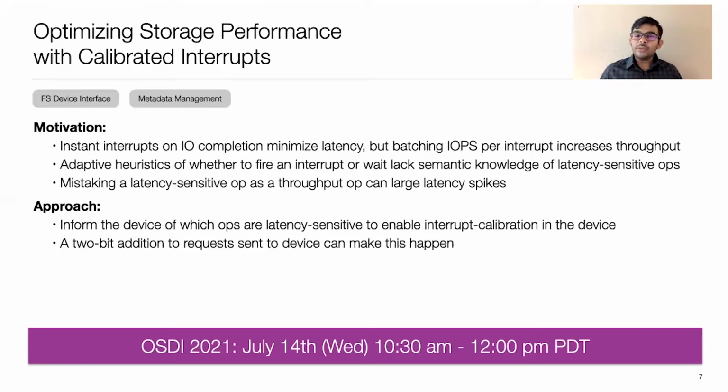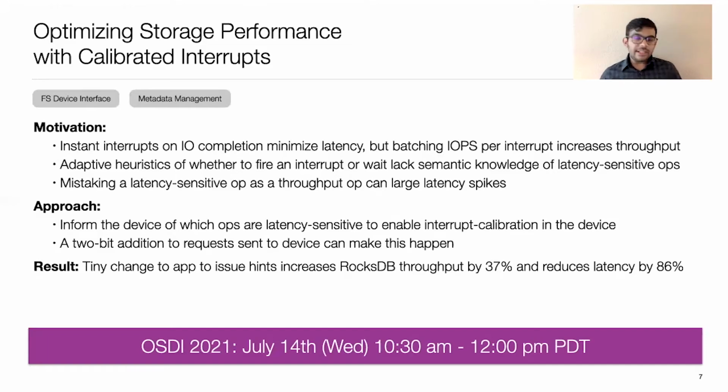Only 2 bits need to be added to the interface to make this change happen. So a tiny change in the application to pass those 2 bits and the device which supports this calibrated interrupt framework shows an improvement of about 40% in throughput and a latency reduction by almost 86% in a macro benchmark such as RocksDB.